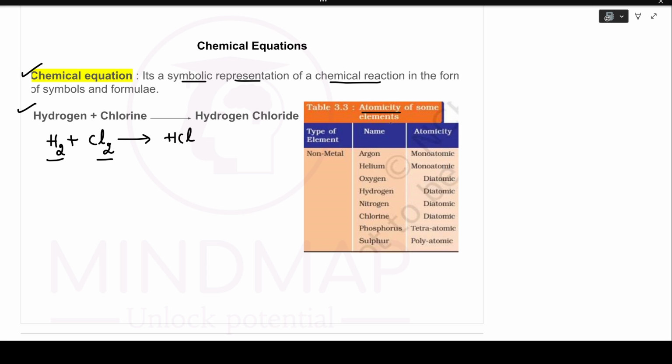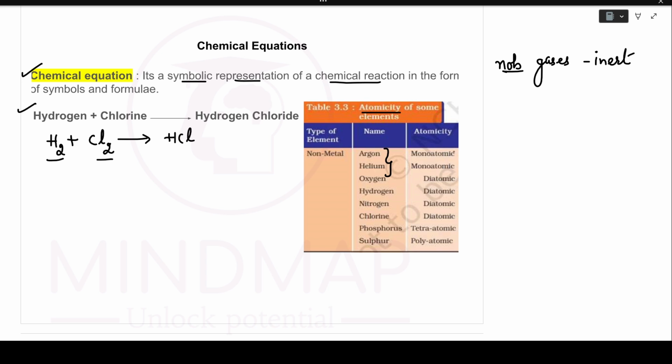Atomicity means whether the element exists in a free state in nature or does it exist in a combined form. If you talk about all the noble gases, like argon and helium, they are inert gases. That means they do not react.